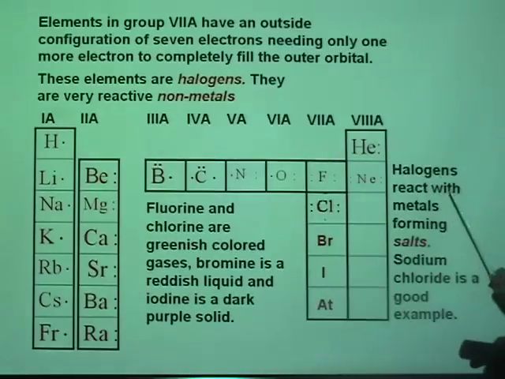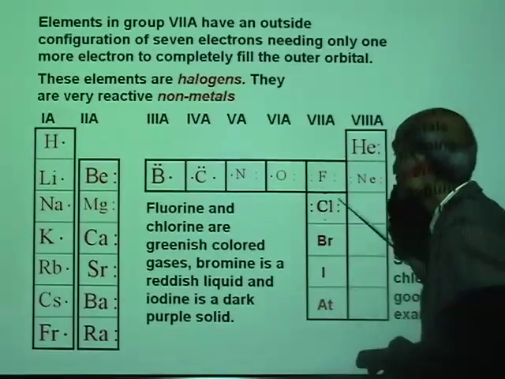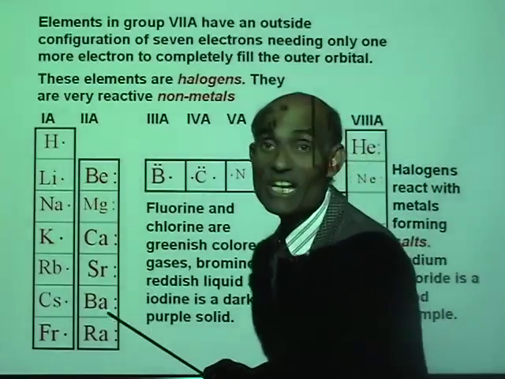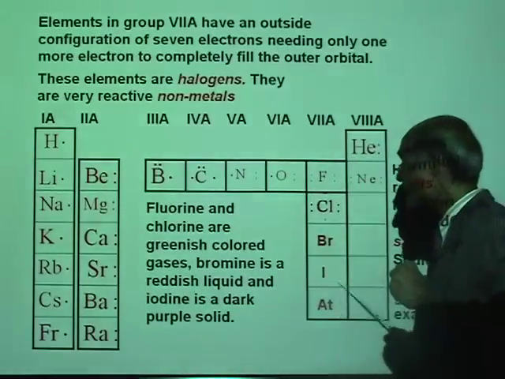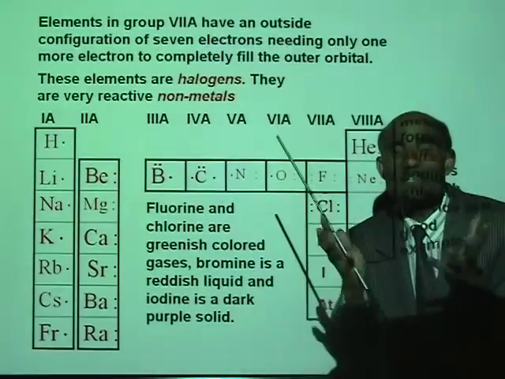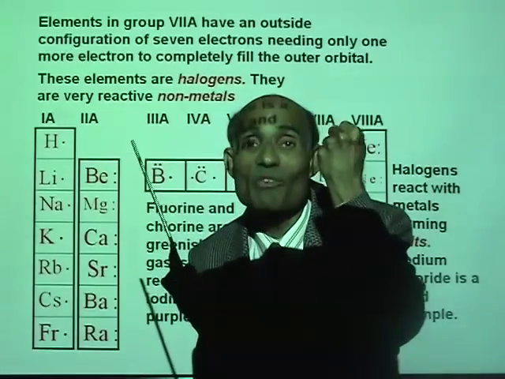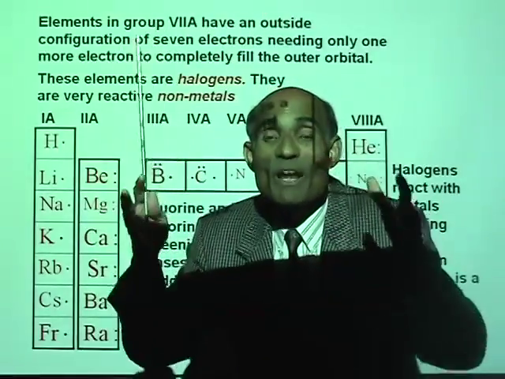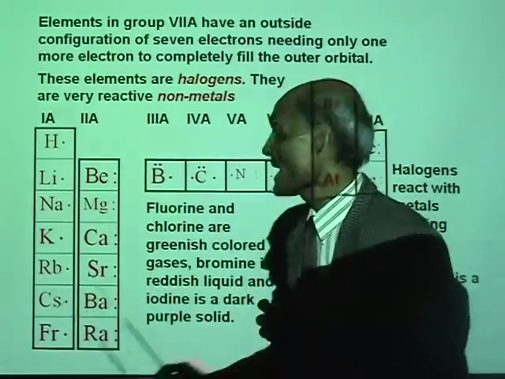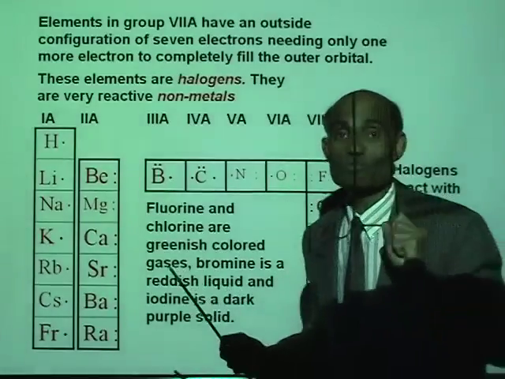Now, halogens react with metals forming salts. You see, these halogens, they need just one more electron to complete their outer orbit to make it 8. Remember, every element is dreaming for that, to get their outer orbit filled with 8 electrons. And the halogens need only one more electron.